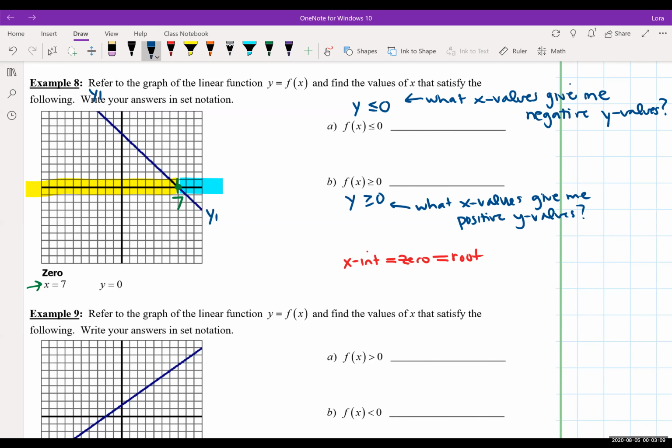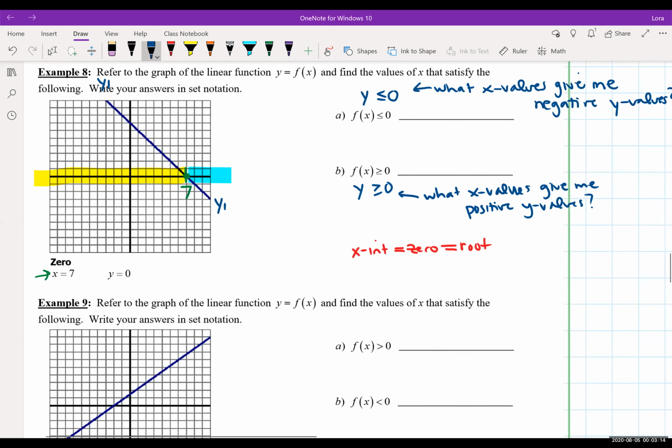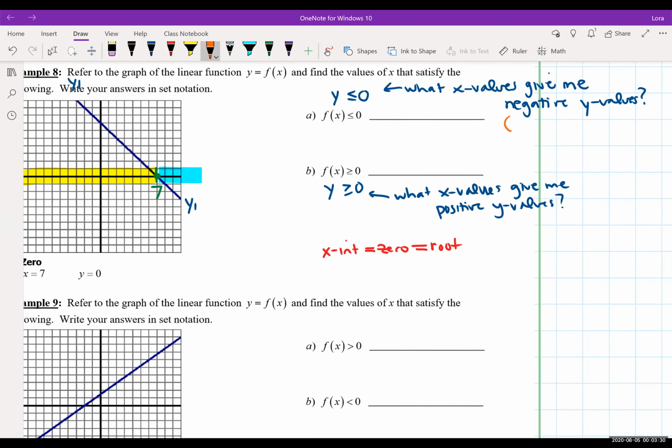And if we're answering those questions, when you want to talk about a negative y value or a positive y value, what you're really trying to determine is what y values you are looking at when you're above the x-axis or below the x-axis. So negative y values, those are values that are below the x-axis.